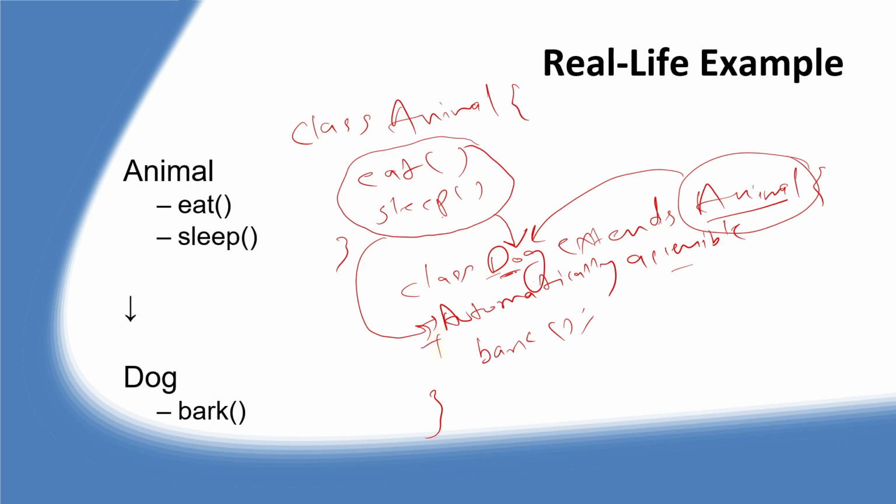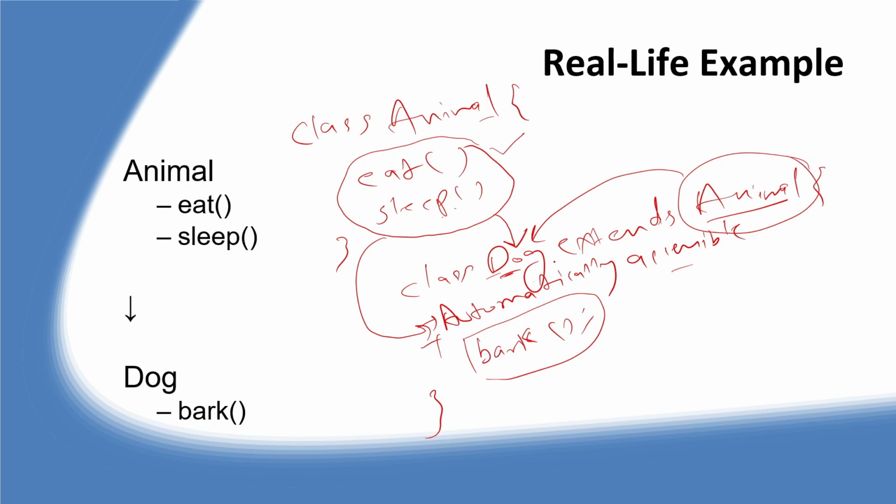Plus dog will have its own properties and behaviors. So dog is having its own behavior, the bark method. So see how the code has been reused. Eat and sleep methods, we are not redefining here. We have defined them only once in the parent class, and we are utilizing these methods inside the child class.